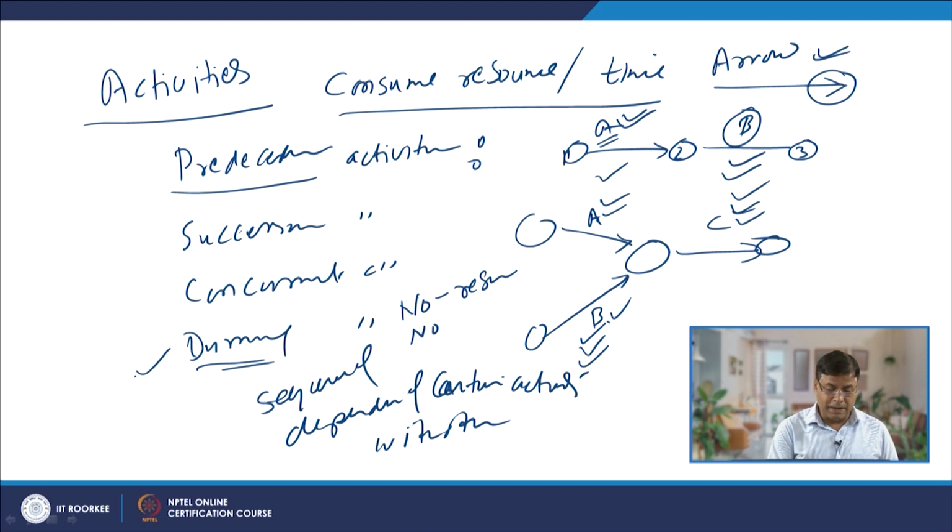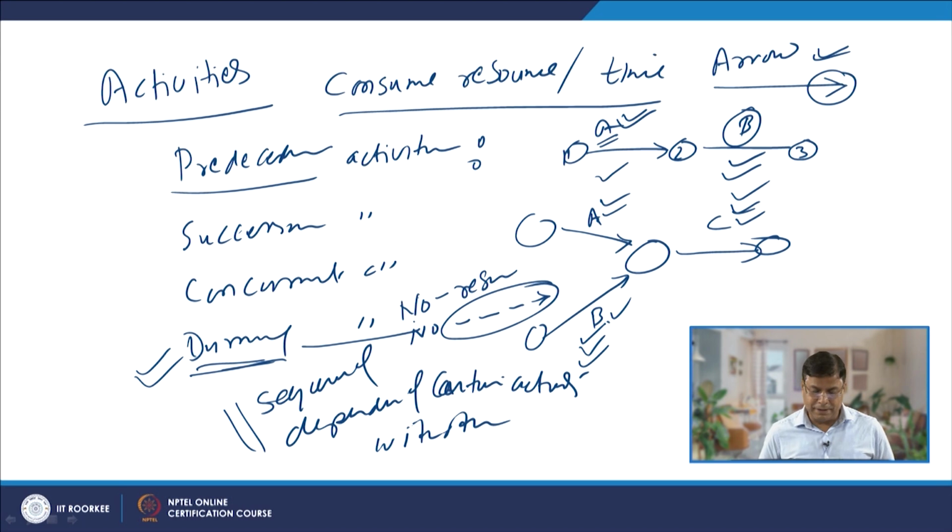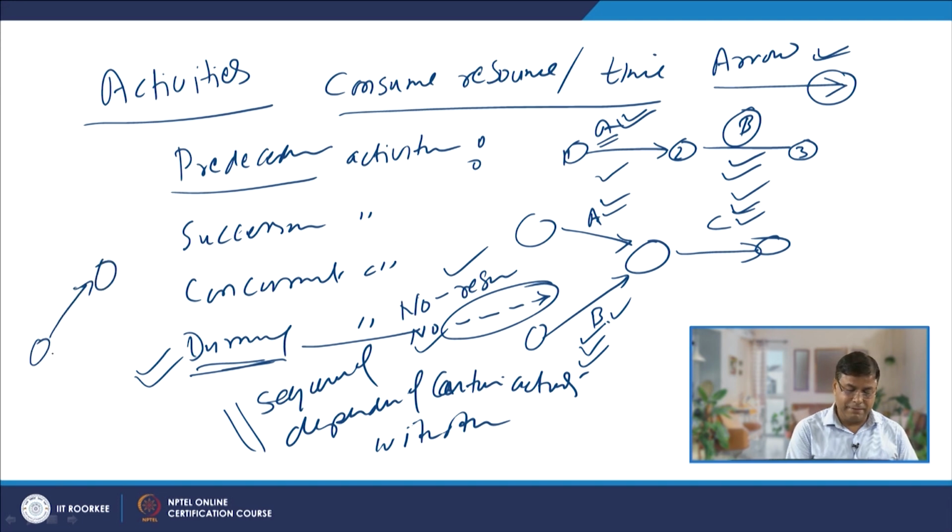So, 0 time and 0 resource is required for these activities. They are primarily used to show a particular kind of dependency of certain activities on other activities, and are represented by a dotted arrow line. So, a dotted arrow line is used for the dummy activity; it does not consume any resource, it does not consume any time.